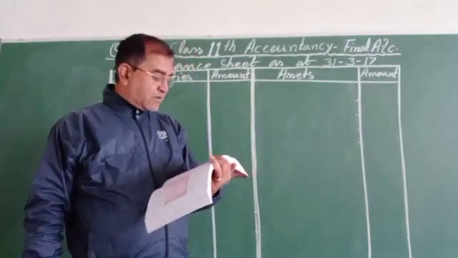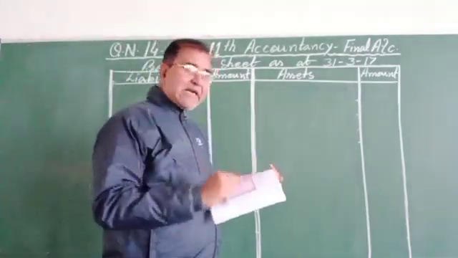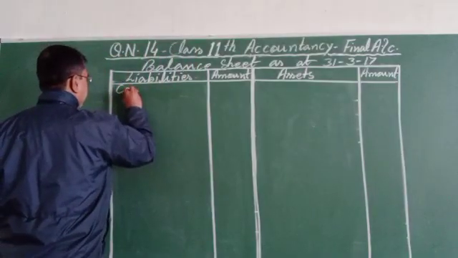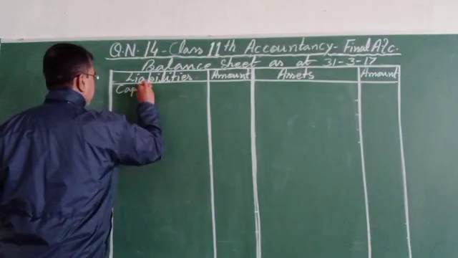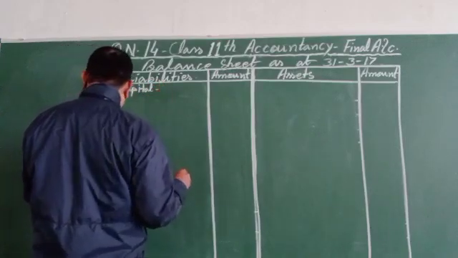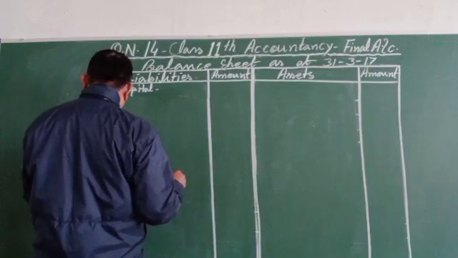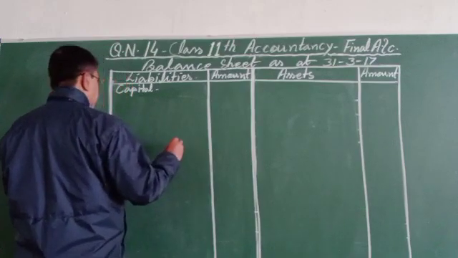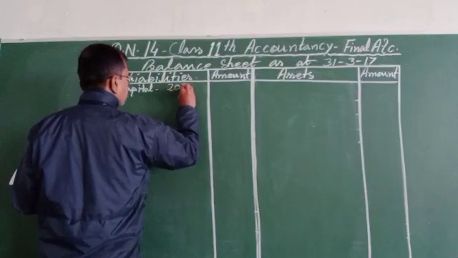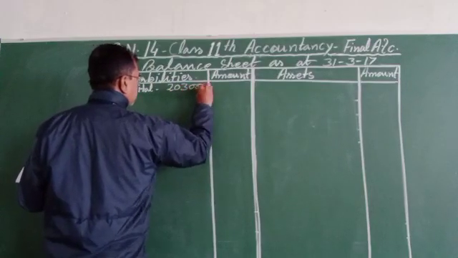First we have to search out the capital in the liabilities column. Capital that is given is 2,03,000.